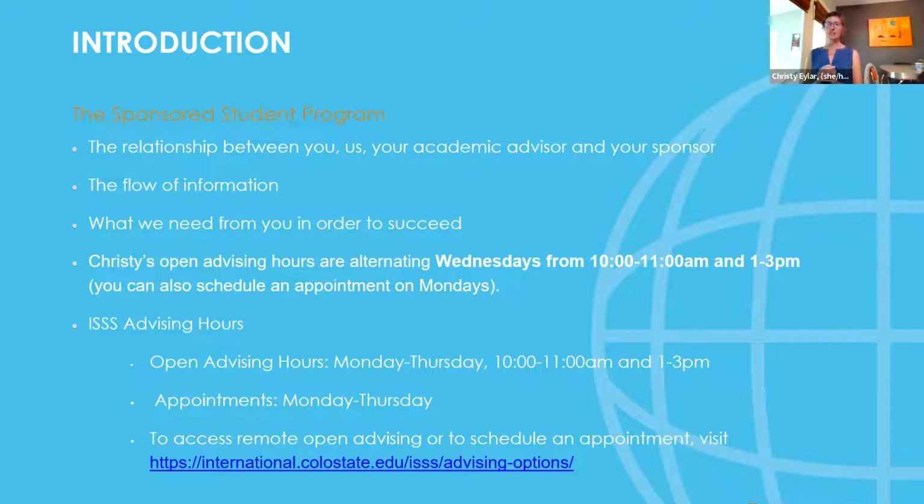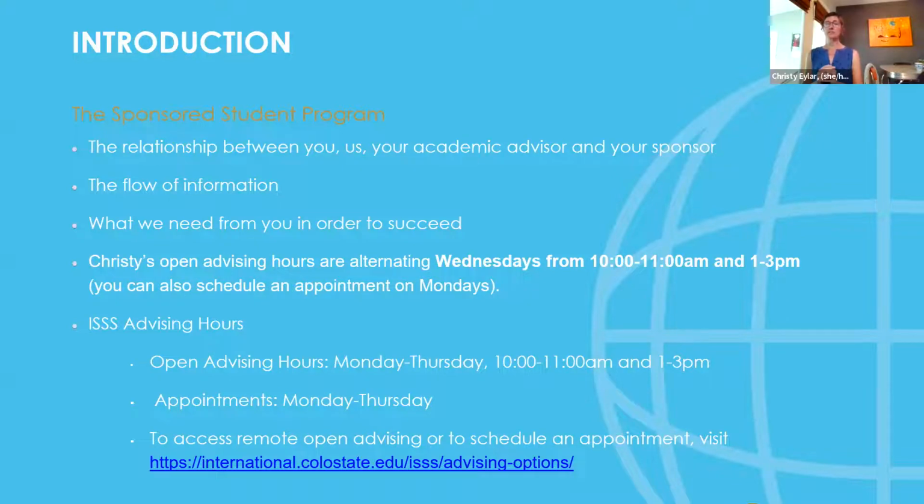So that's a big part of what we do. And then just making sure that your sponsors are being billed properly, that you're waived for insurance if you need to be. That's kind of what we do for all of you as sponsored students.